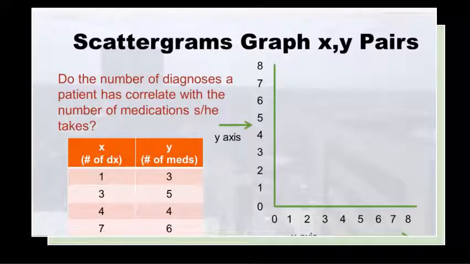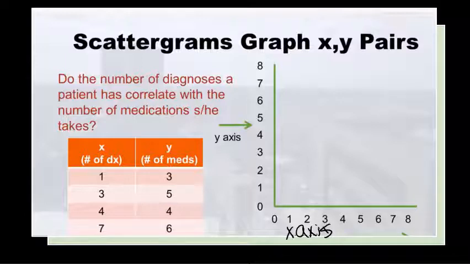Okay, so let's see how you can create one of these scattergrams. Let me let you know that this is the x-axis down here. Let's say what we're trying to figure out is if the number of diagnoses that a patient has is correlated with the number of medications that he or she is taking.